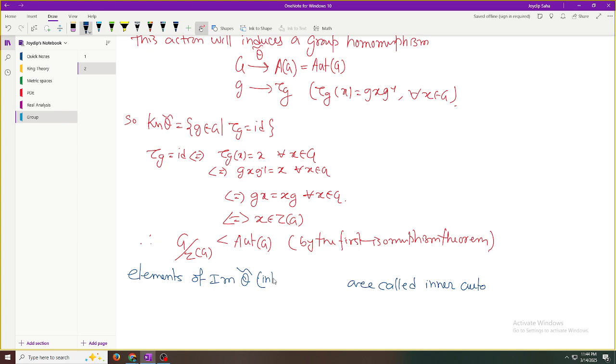In the conjugacy action, these are called inner automorphisms.